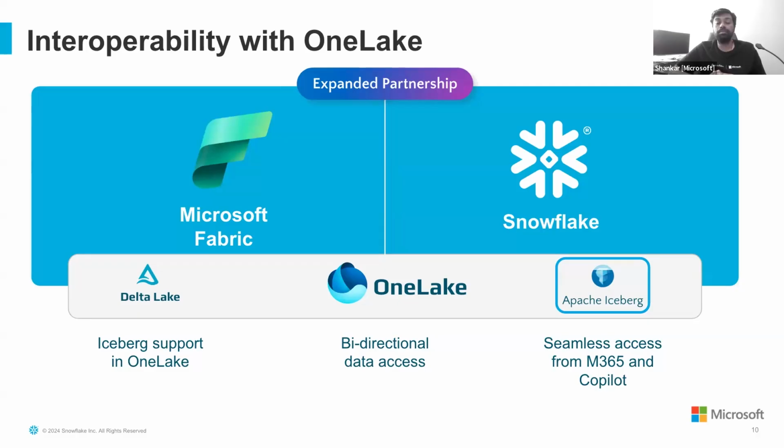This is the partnership we announced, and we're working hard towards getting some of these features out, and there's going to be more information coming pretty soon, but we are in general excited about this possibility of blending both of these technologies together on one single common platform with the help of OneLake.